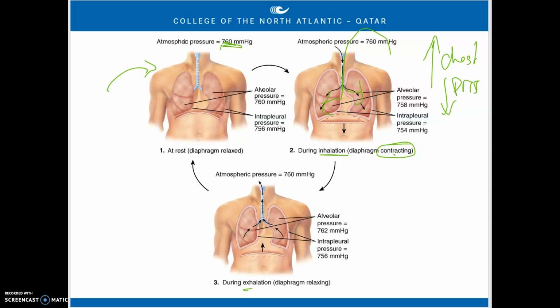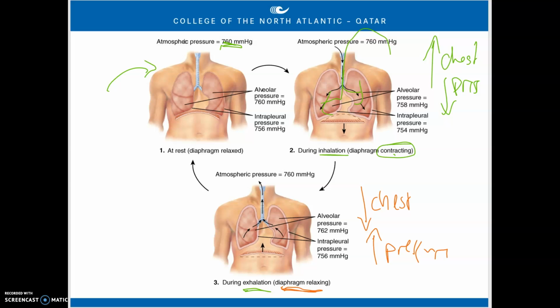When we move down to the exhalation phase, now that diaphragm and those muscles are going to relax. So when they relax, our chest is going to return back to our normal size. As a result of that, the chest volume is going to get lower. And when that happens, we're going to increase the pressure that's inside of our lungs.